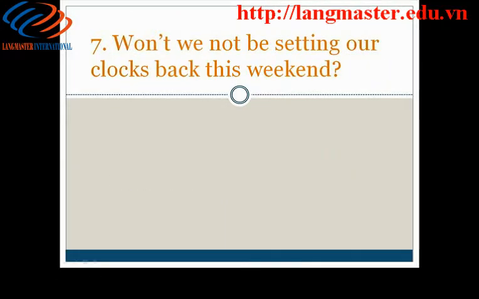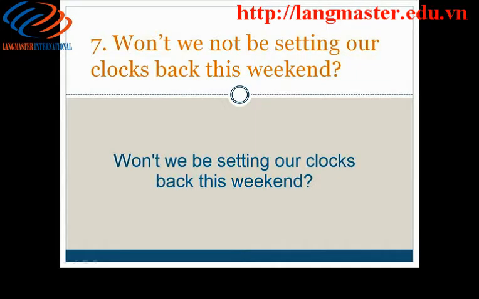Correct the mistake. This is a negative question, so we need to begin with a negative verb, but we don't need not 2 times. We don't have double negatives in English. So the correct question is, won't we be setting our clocks back this weekend?